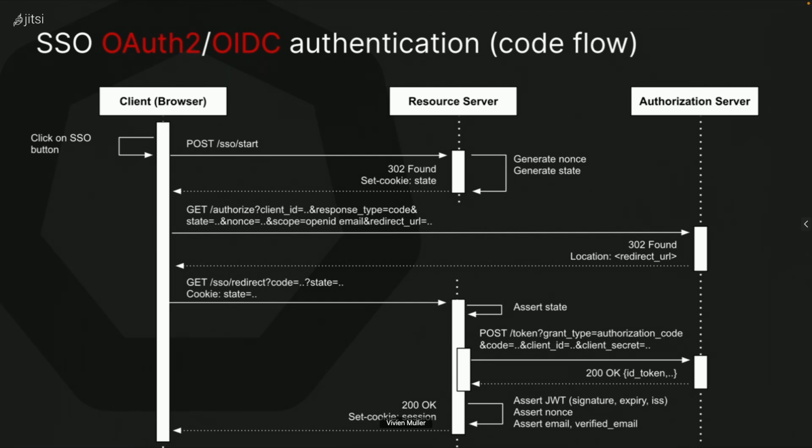So here the client will start their single sign-on process, and the resource server, which is your application, will create a URL to which the user will be redirected. That URL includes the client ID, the response type, which is the code flow, and also a state, a nonce and a scope. The state is used to make sure that cross-site request forgery attacks are not possible.